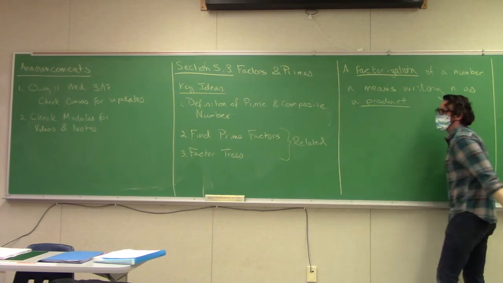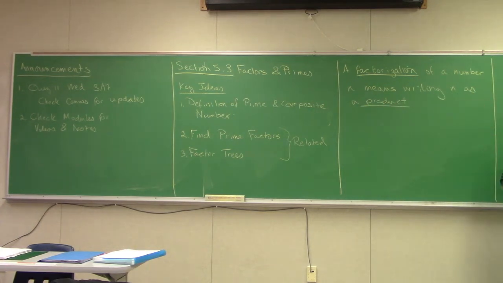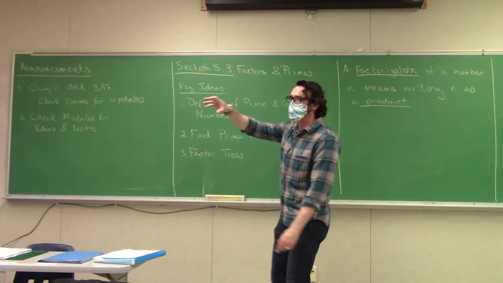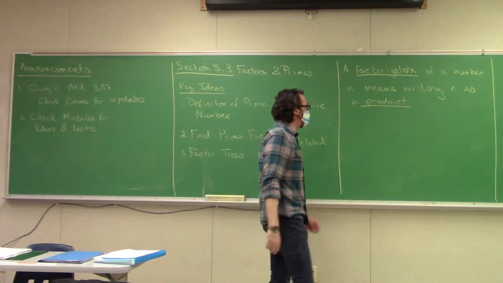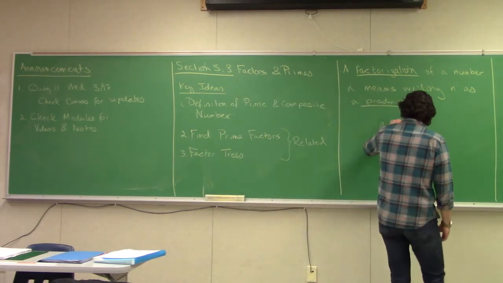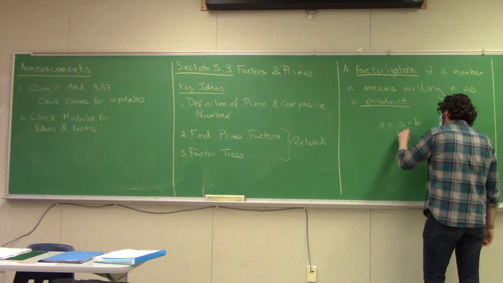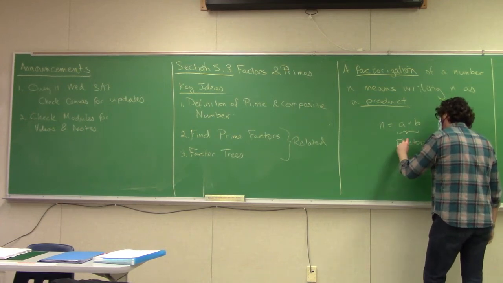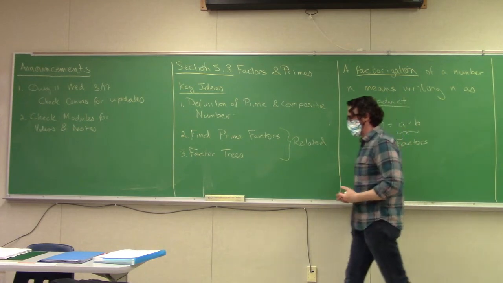Okay, in other words, we're finding two numbers that we can multiply together and get n. So we're starting with some number, whatever it is. We're trying to find two other numbers that multiply together to give us n. Those numbers are called our factors.